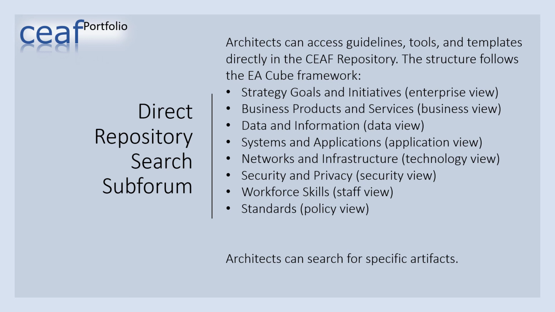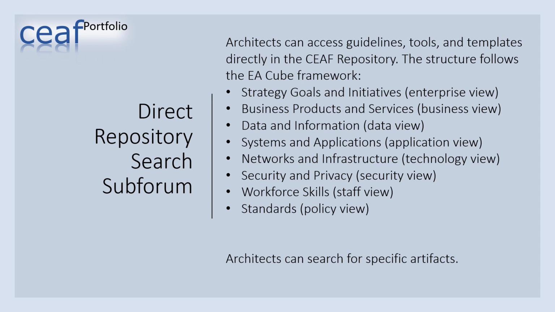Architects navigate the repository when they know exactly the artifacts they're looking for. Direct search access to the repository aligns to the EA Cube framework. The perspective or view the architect wants to portray corresponds to the location for which the artifact resides within the repository.